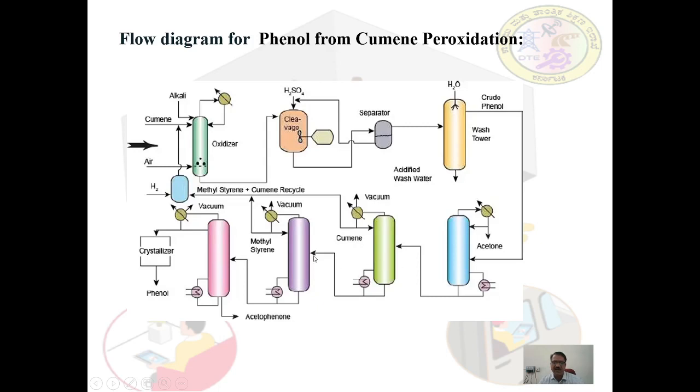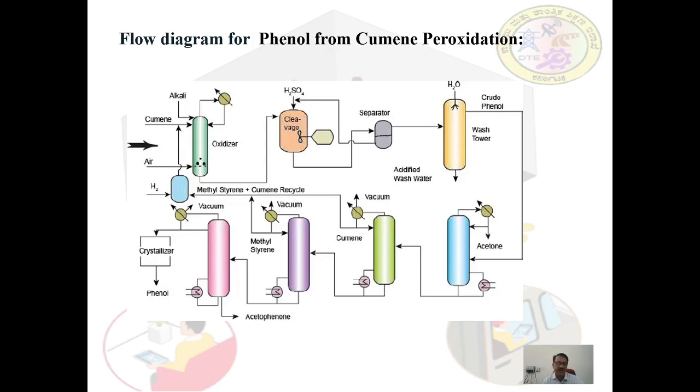Phenol in the overhead of the last vacuum fractionator is purified by crystallization. So this is how we can manufacture phenol from the cumene peroxidation process.